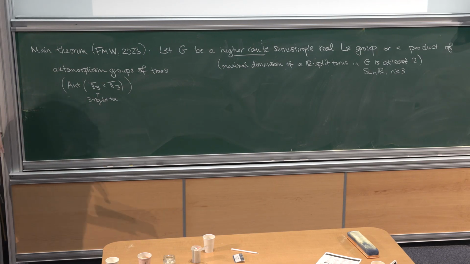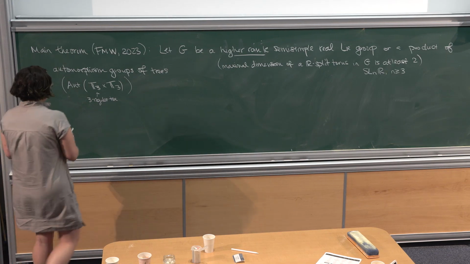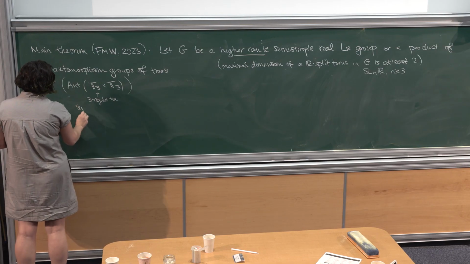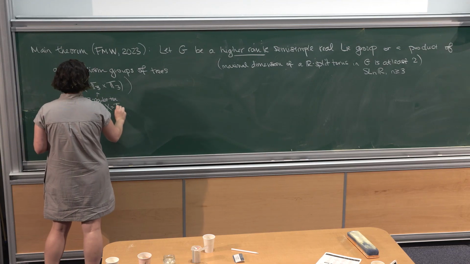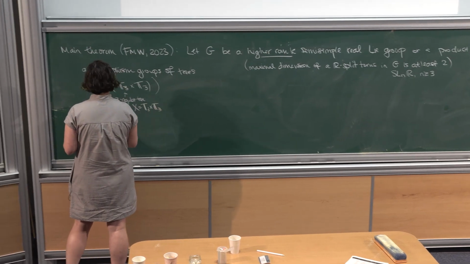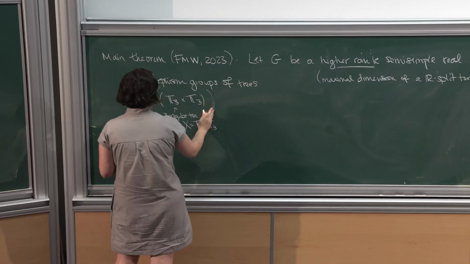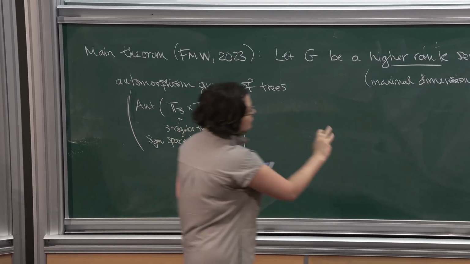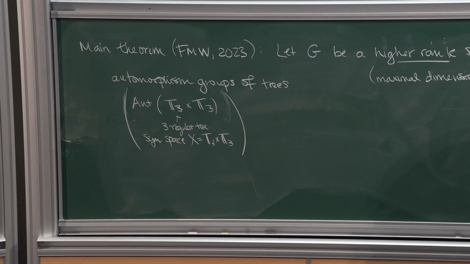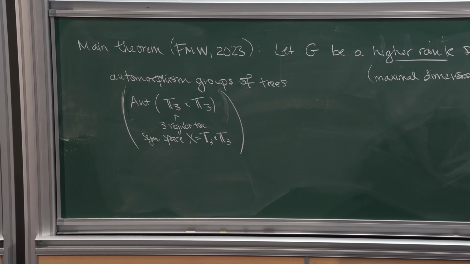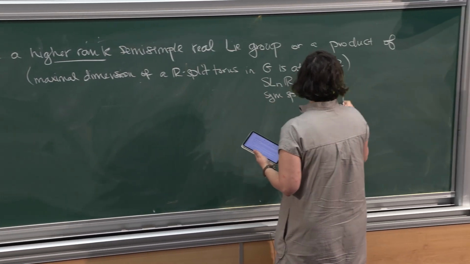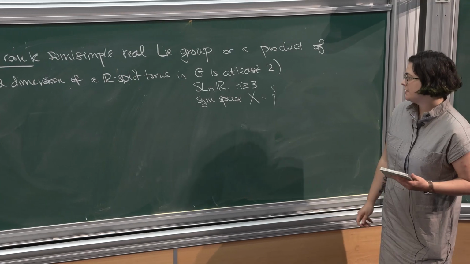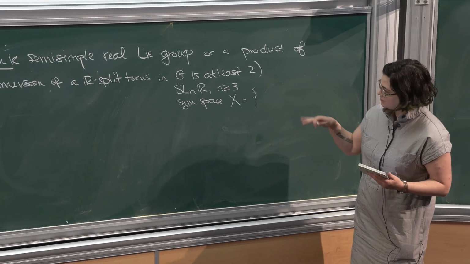In this case, G is your automorphism group, and your symmetric space is the tree cross the tree. For SLnR, your symmetric space is the space of positive definite matrices in SLnR.